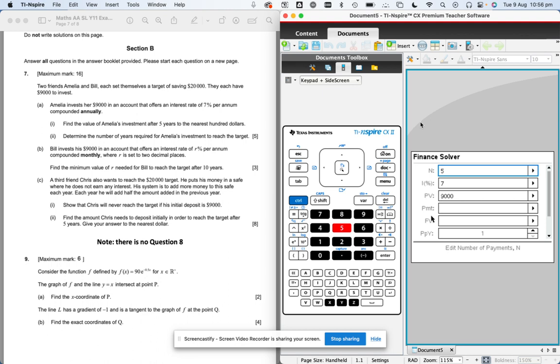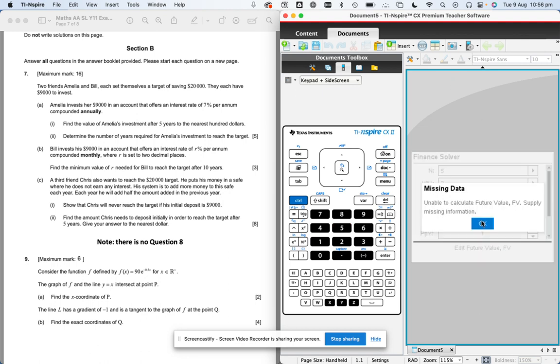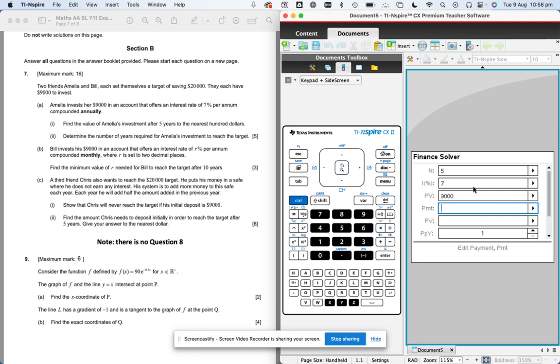So that's where you go down to FV here, future value, and if I press enter, it should give me... I've done something, so I cleared everything out. I think the payment's supposed to be 0 here. And then for the final value, it now says press enter to calculate the future value.